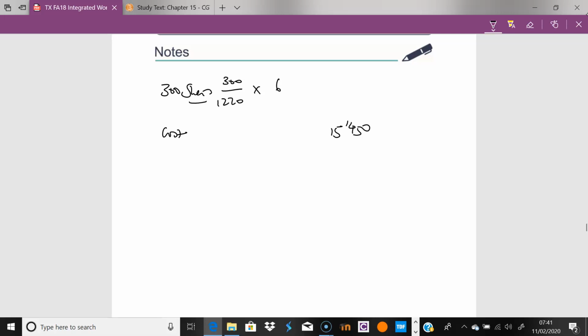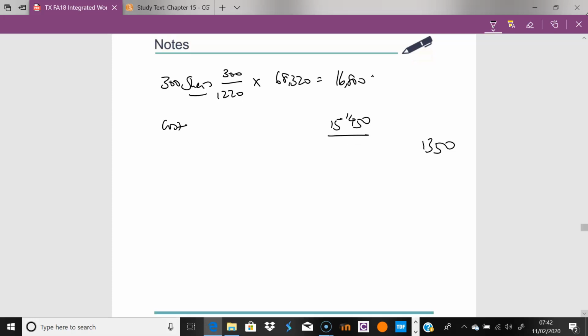We sold 1,220 shares for 68,320. This is not so much the tricky bit, because this one we've dealt with. We know that 300 of these shares would have cost this, so we can find the gain on that. That's 1,350. So the issue really is to do with what is the cost.